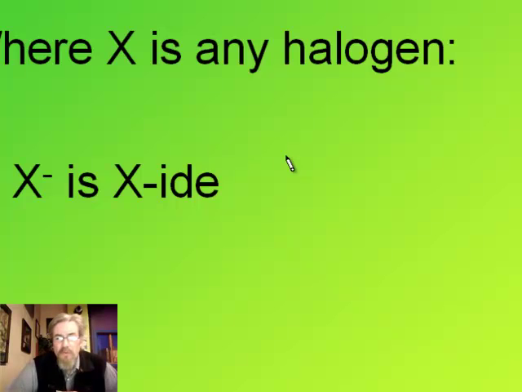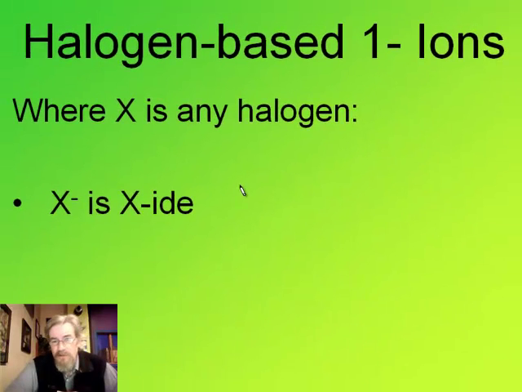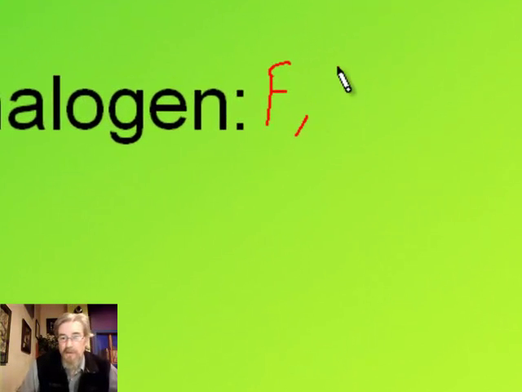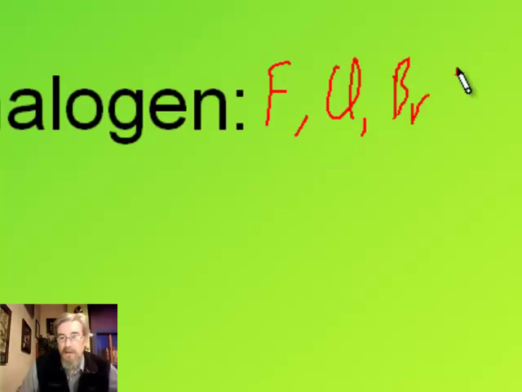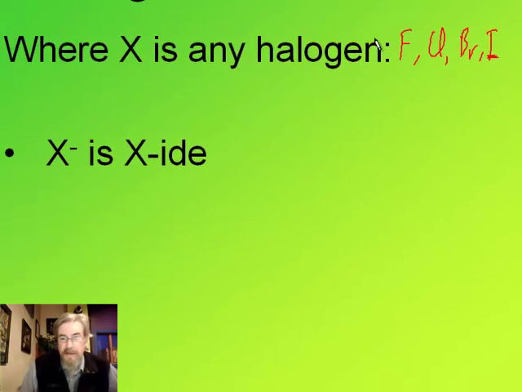And then we have ions that are based on the halogens, and we have a little trick to remember what they are, but they follow a definite pattern. Where X is any halogen, like fluorine, chlorine, bromine, and iodine. There's also astatine, but we're not going to see that. So substitute for X any one of these, and you have this pattern.